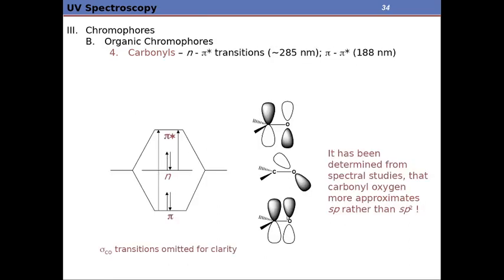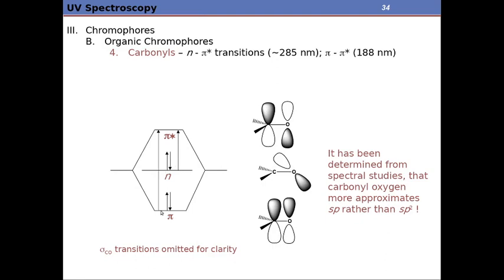So in carbonyls, if you see the carbon-oxygen sigma bond here, the 2p orbitals on carbon and oxygen could overlap in phase to form a pi molecular orbital, and if the overlap happens out of phase, we have a pi star molecular orbital. And the 2p orbital on oxygen that lies out of plane with the 2p orbital on carbon is actually a non-bonding orbital, and the energy of this non-bonding orbital is around here.